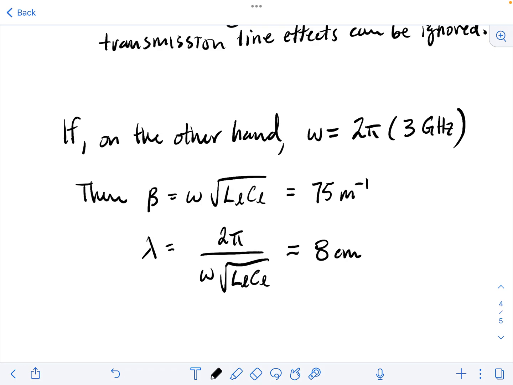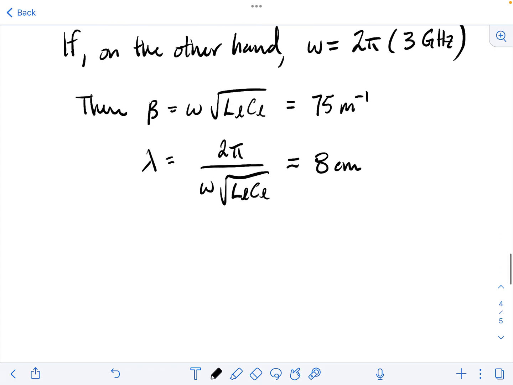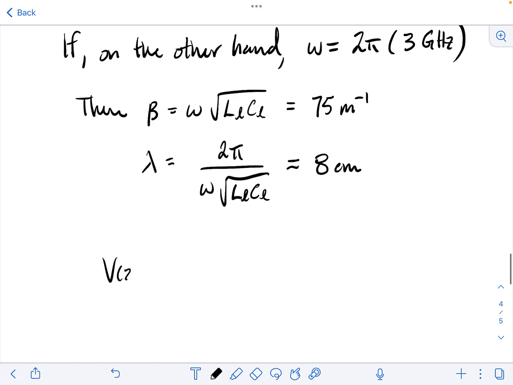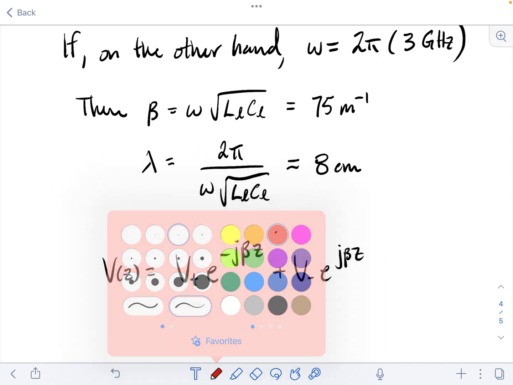Okay, so if we then go think about the voltage amplitude as a function of Z, it's V plus e to the minus j beta Z plus V minus e to the plus j beta Z. Beta is 75.